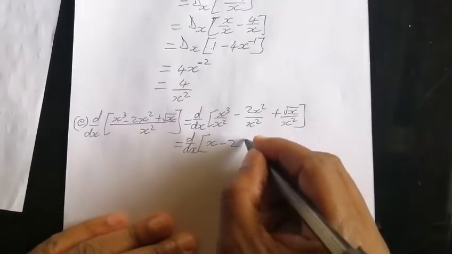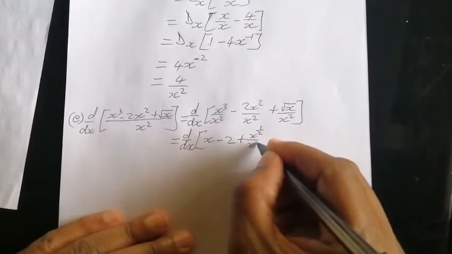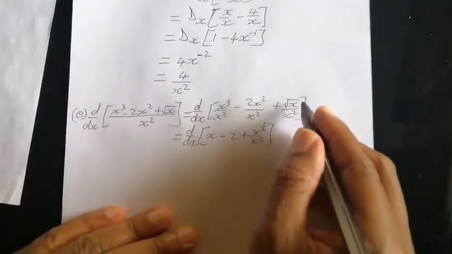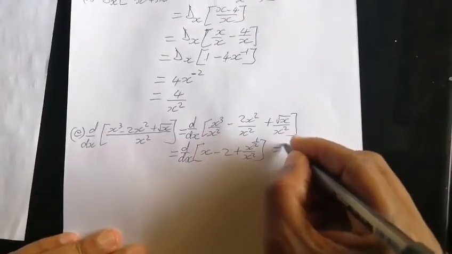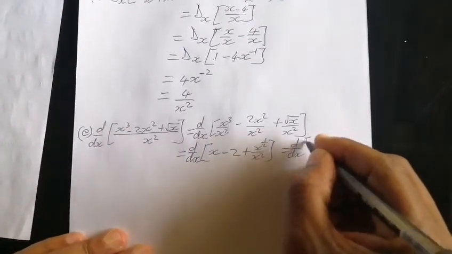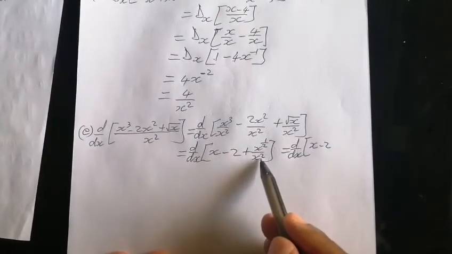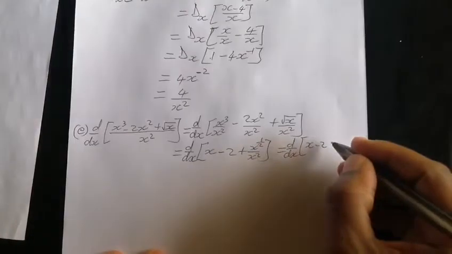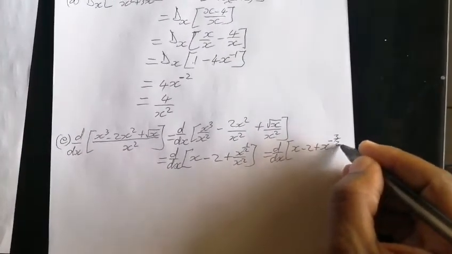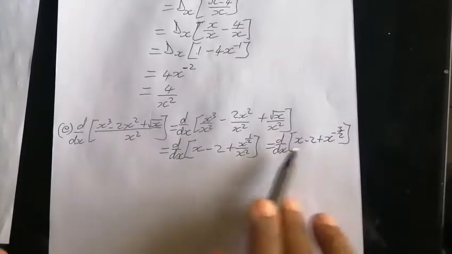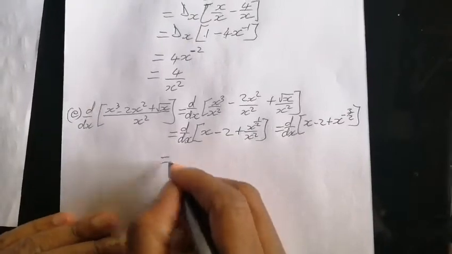This gives us plus x to the power half over x squared, because we want to show that root of x is x to the power half, which is equal to d/dx of x minus 2 plus, half minus 2, that's x to the power minus 3 over 2. Now everything is in the form where we are able to apply the rules.